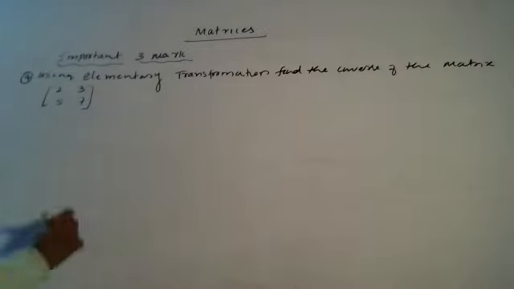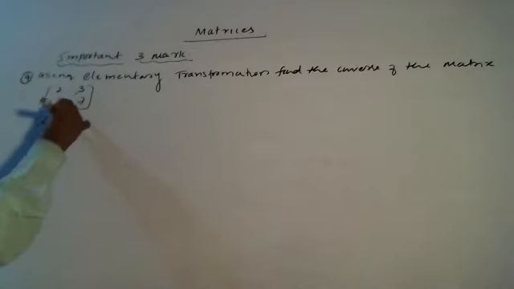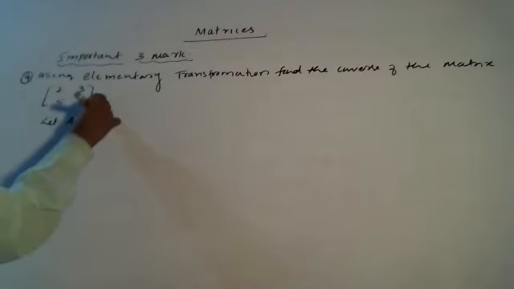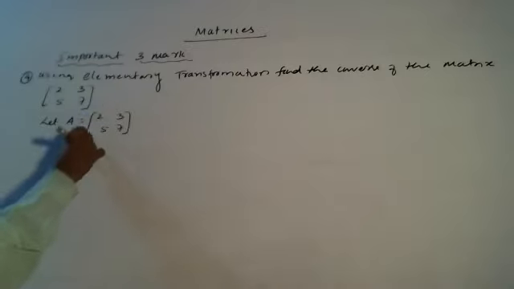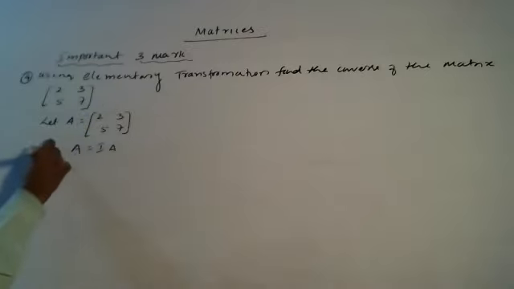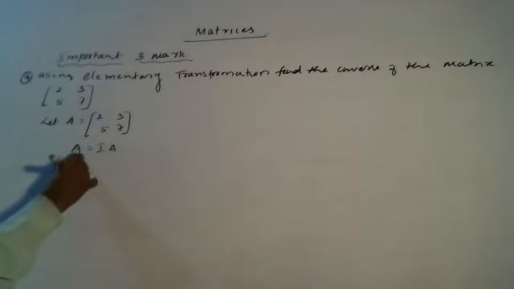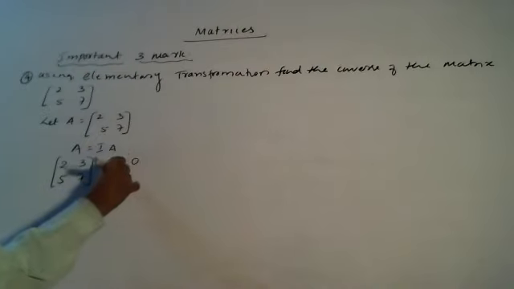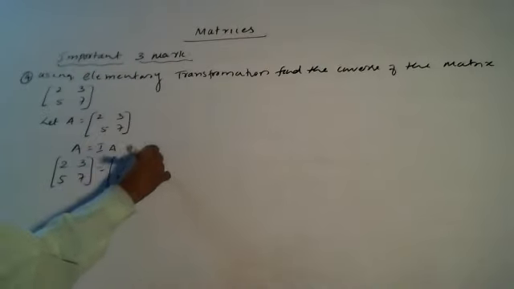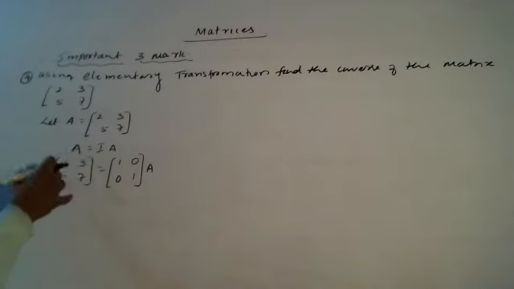Let capital A equals 2, 3, 5, 7. A equals I into A. A means 2, 3, 5, 7. I equals 1, 0, 0, 1 into A. I want to make this an identity matrix and this the inverse. Okay.